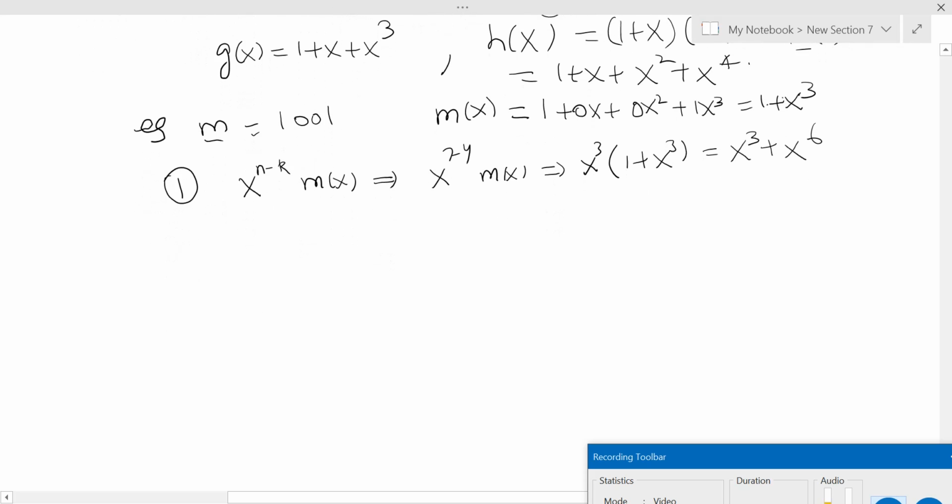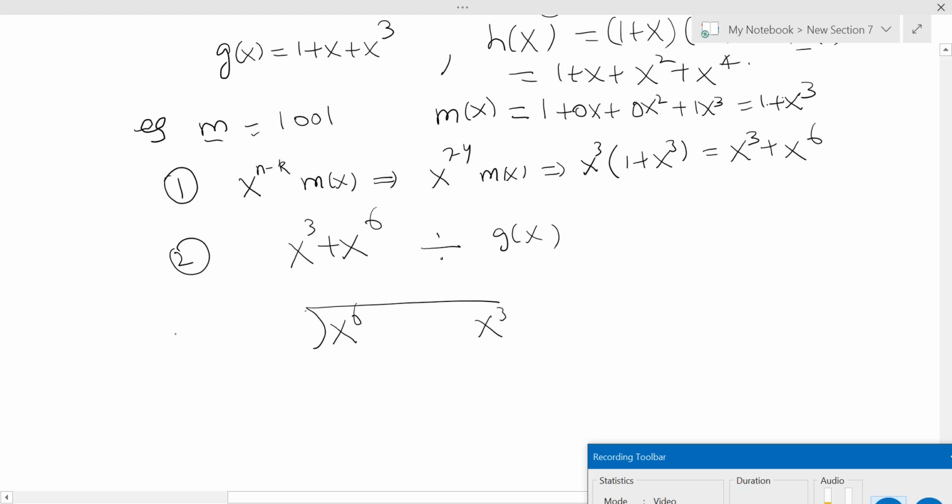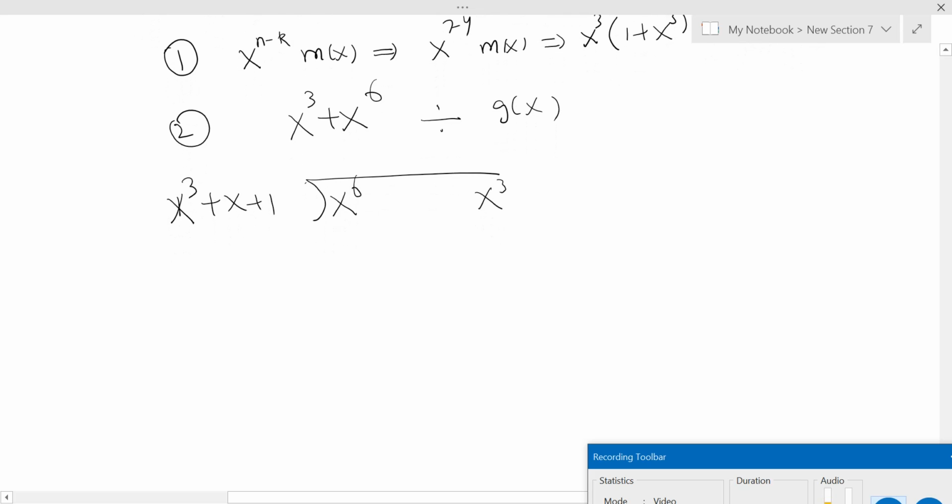Nice. Now next step is you have to divide this x cube plus x to the power 6 by g of x. Okay, so it becomes like this. So here is x to the power 6, here is x cube, and here is g of x, x cube plus x plus 1. Simple division you might have done in 9th class, I think, polynomial division.